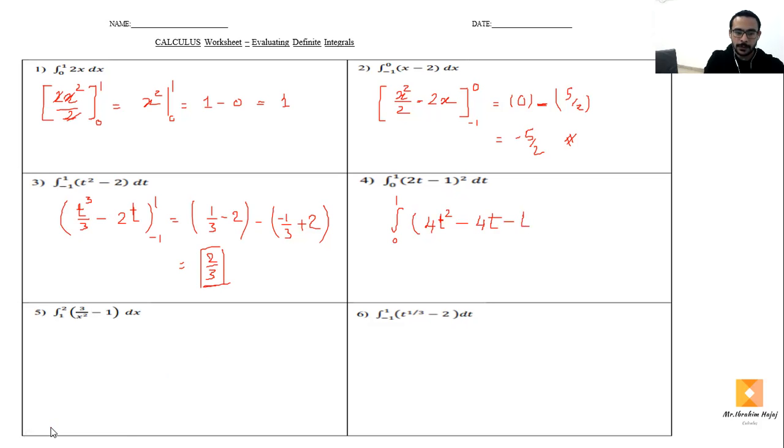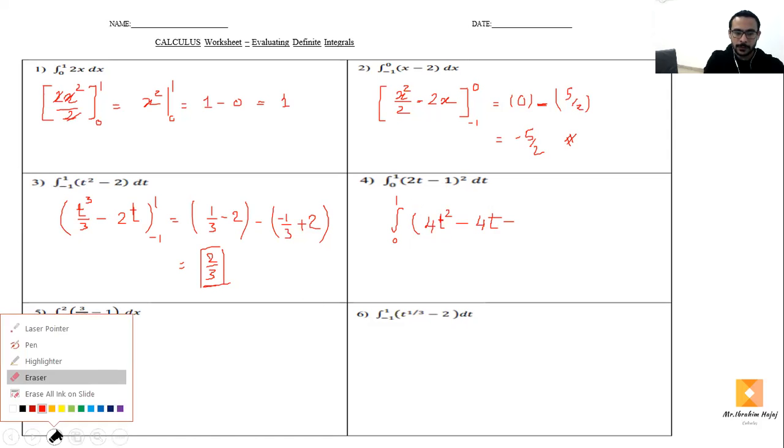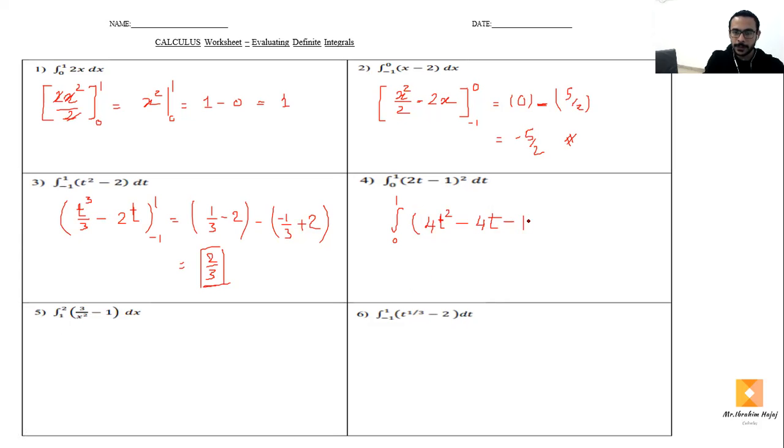Minus 1 also. No, minus t. Square the first, square the last, and in the middle, multiply first by second. So minus 1 dt. Then find the integral. Plus 1 because negative 1 squared is plus 1.